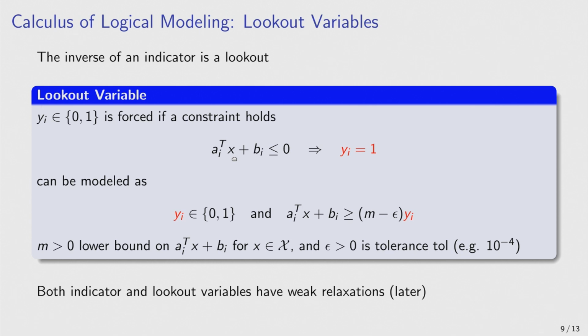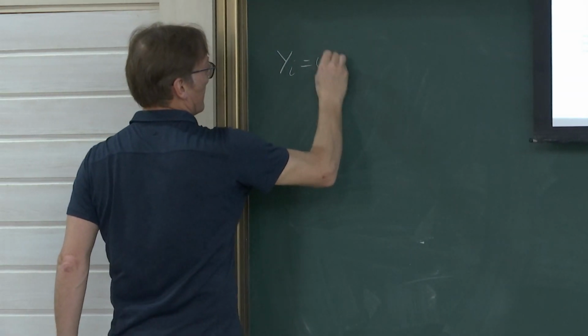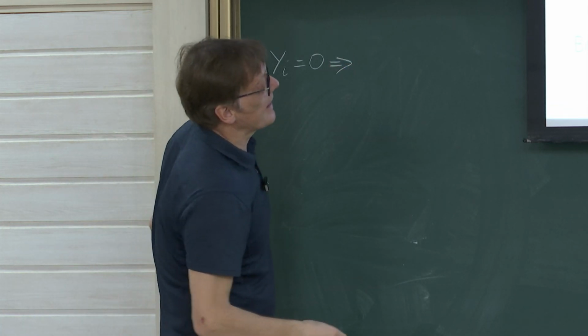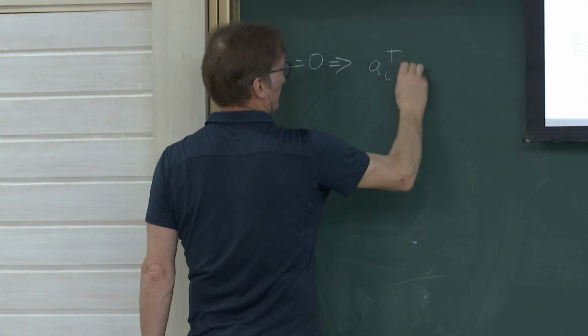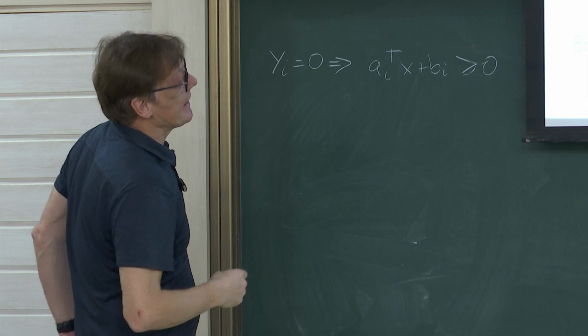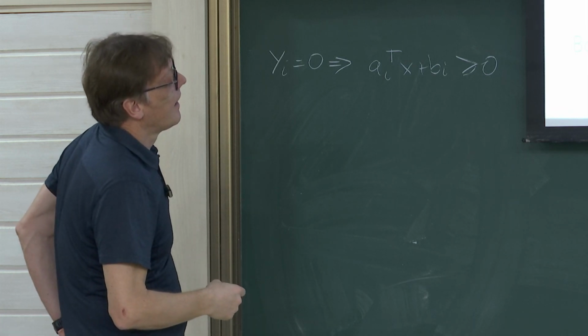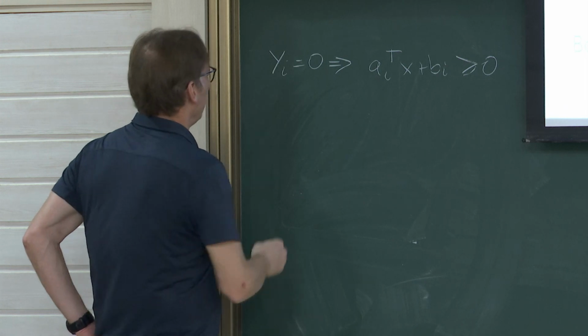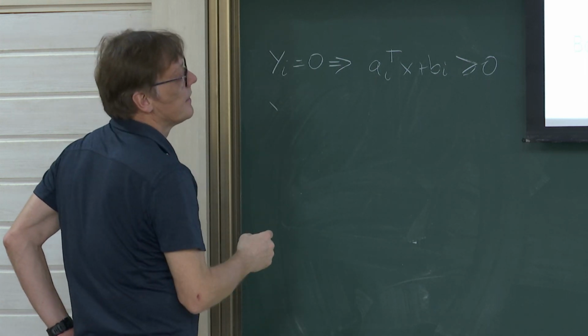So what does this constraint do? Let's just see what happens, again, by plugging in values for y_i. So if y_i is equal to 0, what do I get if y_i is equal to 0? I get a_i transpose x plus b_i is greater or equal to 0. Right? Well, that's not the right way around though.